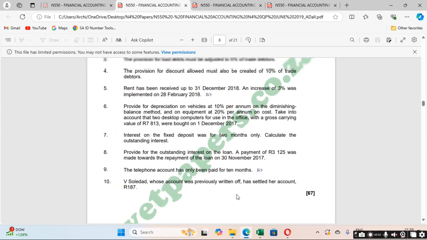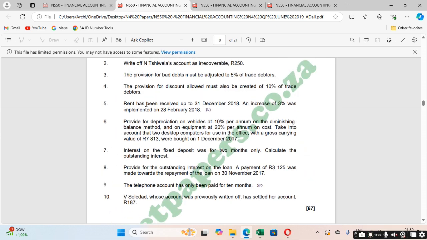If you can recall, they said rent has been received. An increase of 3% was implemented on 28 February 2018. Since it's been implemented on 28 February, the increase will only take part in the next financial period.